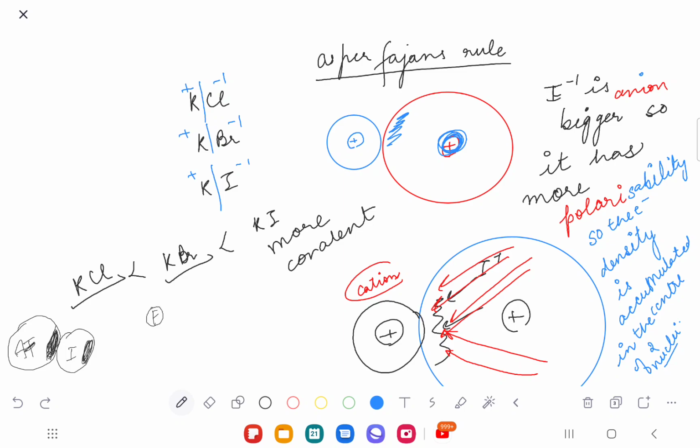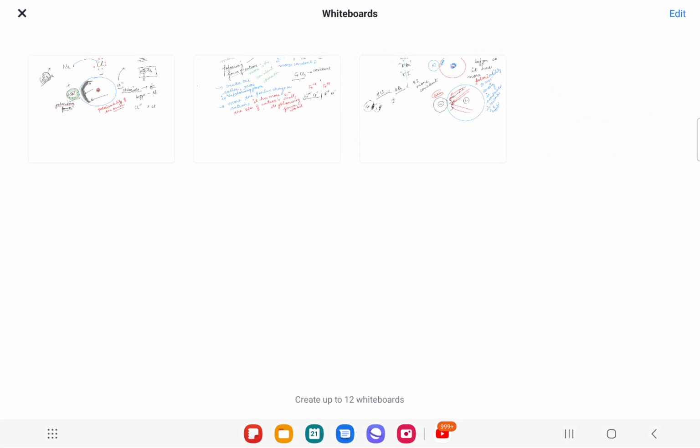So it holds the electrons tightly, doesn't allow, because it's least covalent. Yes. Do you understand the concept now?